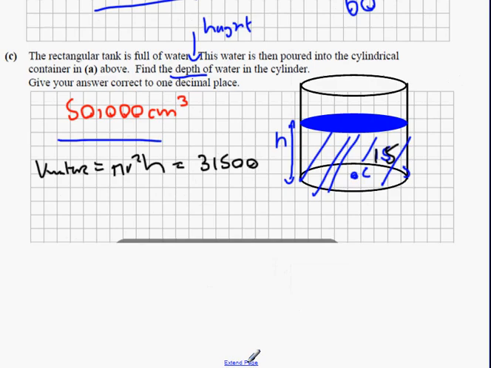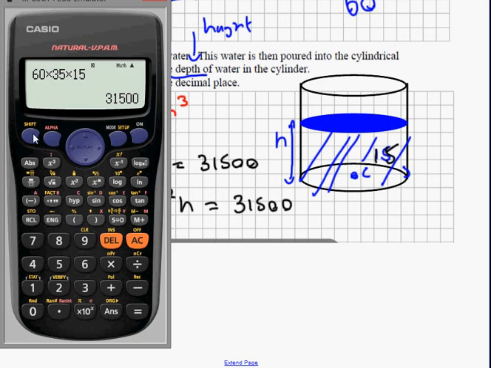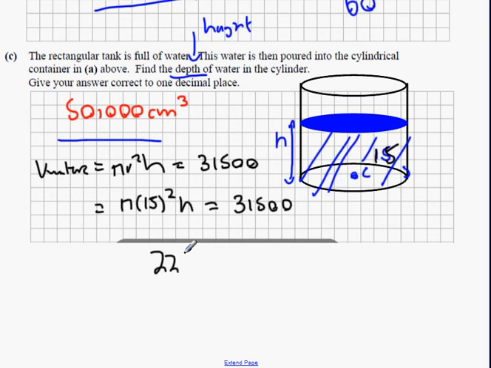Now, volume therefore is pi times 15 squared times h equals 31,500. What's pi times 15 squared, anybody? 225 pi. 225 pi multiplied by h equals 31,500. How do you get the h on its own?